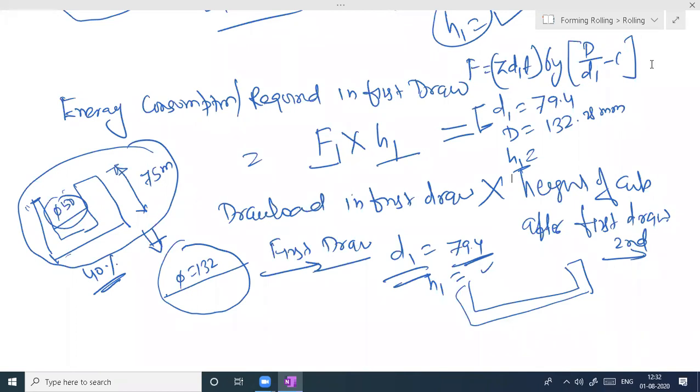What is the H1 answer? 35.31. Yes, H1 is 35.24.